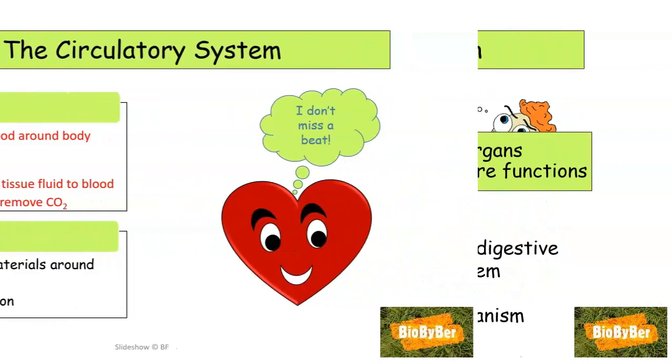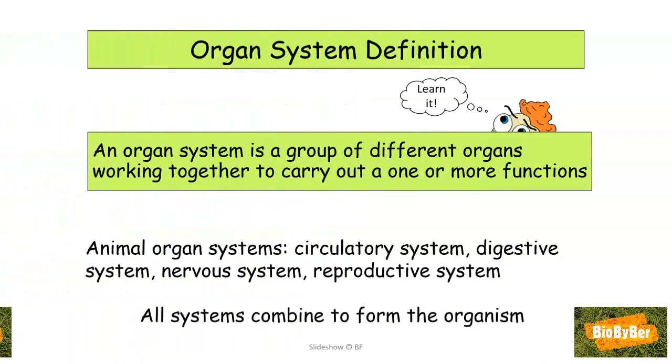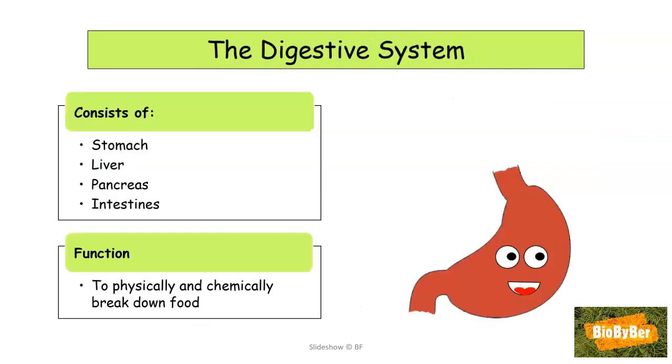So therefore, we have succeeded in exemplifying the definition of an organ system where, as we've said already, an organ system is a group of different organs working together to carry out one or more functions. Now let's follow the same idea using the digestive system.